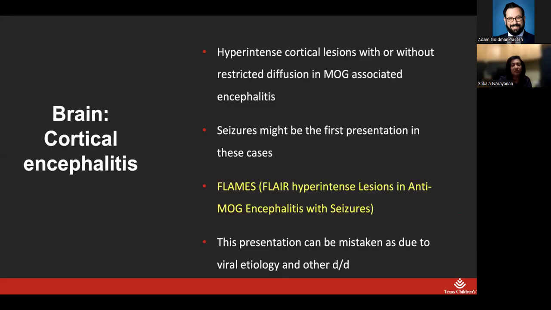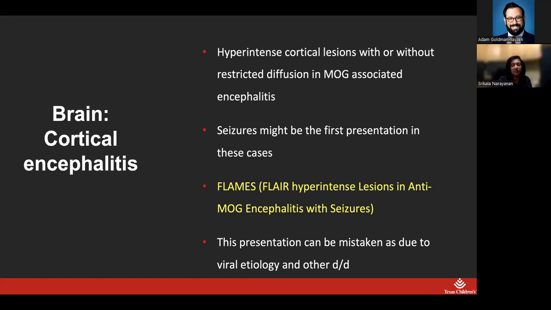Going on to another imaging pattern of cortical encephalitis, where we're looking at the cortex for lesions that are bright on T2 and may or may not restrict. Very commonly, these can present with seizures. That might be the first clinical presentation. There is a term called FLAMES, which is FLAIR hyperintense lesions in anti-MOG encephalitis with seizures.